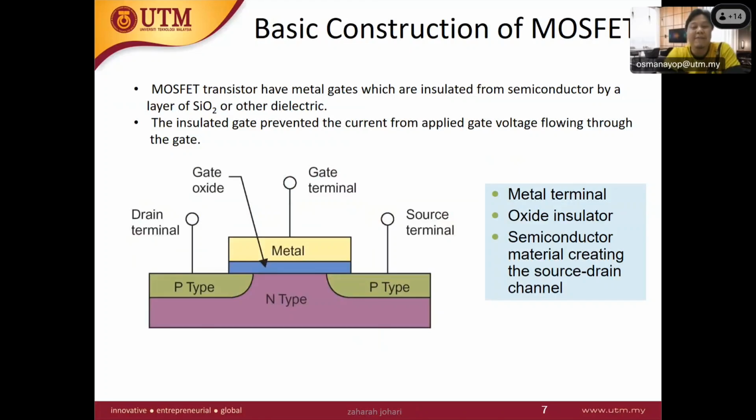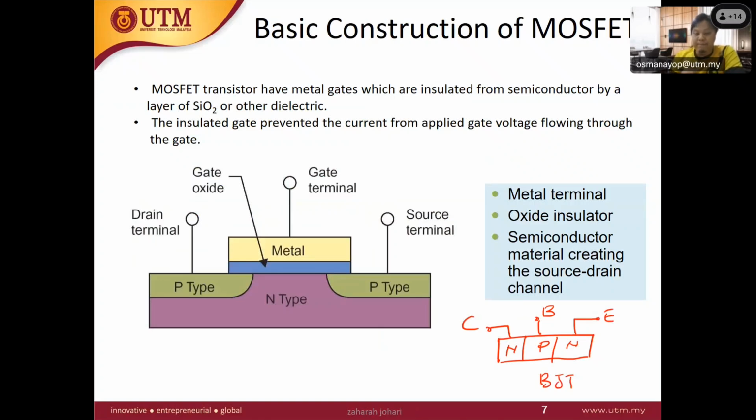For example, we have NPN. One is connected to base, one connected to collector, one connected to emitter. All right, this is for BJT.